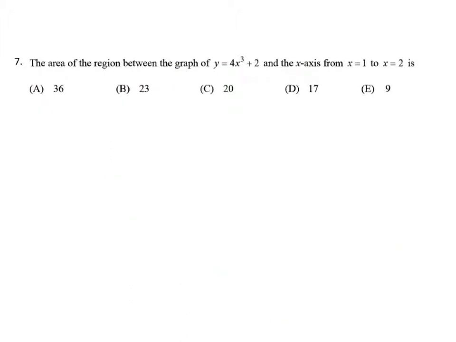Okay, the next problem, the area of the region between our graph of y equals 4x cubed plus 2 and the x-axis from 1 to 2. So a quick sketch here. We do have all kinds of things going on with this. Our parent function is x cubed. This is moved up 2, so we have something that looks like this.